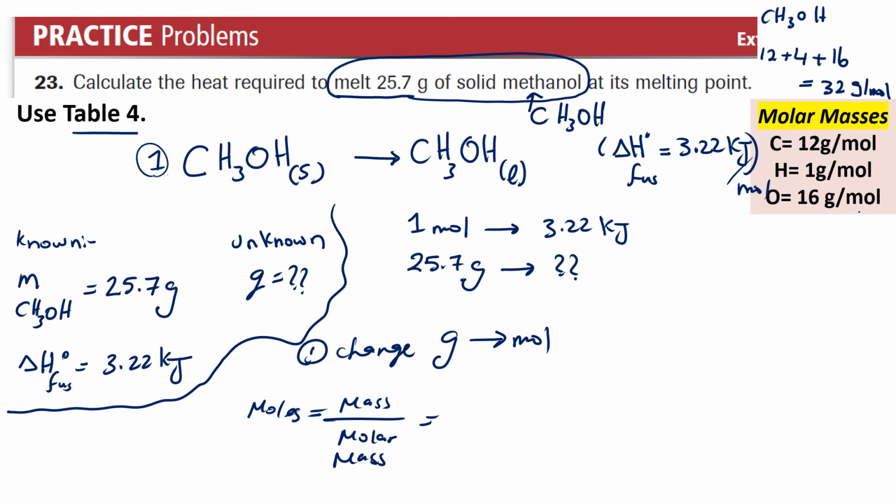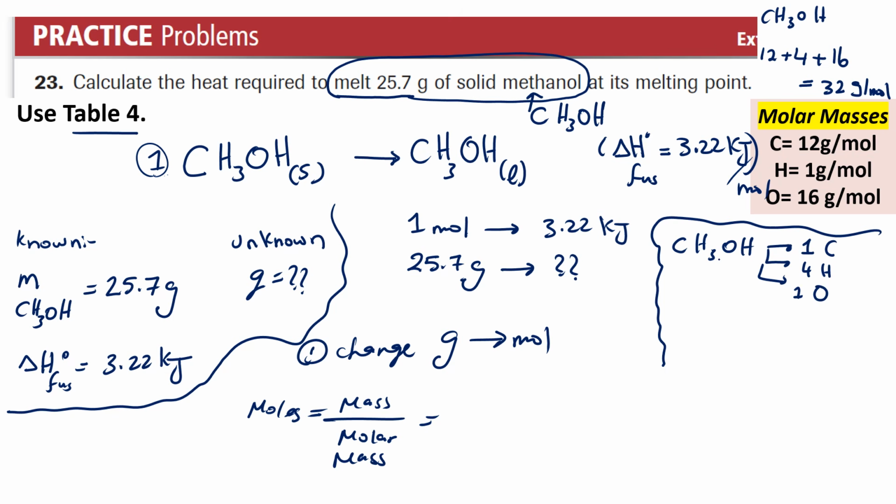You will tell me, Mister, how did you do that? I will show you quickly. CH3OH. So it has 1 carbon, 4H, 1 oxygen, صح؟ H3 و H4, 1 carbon and 1 oxygen. This is from your grade 10. هذا من الصف العاشر. هذه المولر masses حق كل ذرة. Okay? So what do you do? You do 1 times 12.